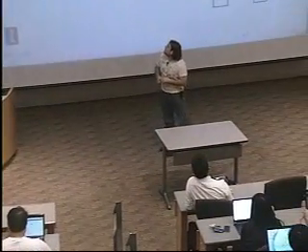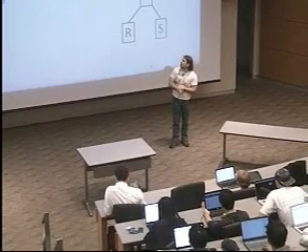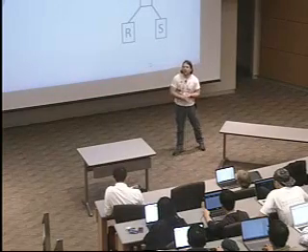For example, I showed this query, right? Basically, we started with a SQL query that looked like this: select distinct from these two relations R and S, where A equals 10.